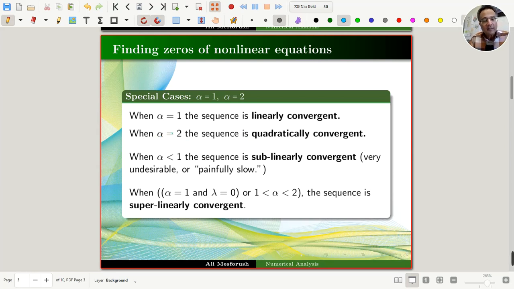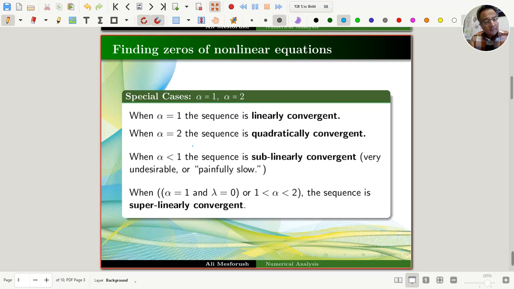It's clear that the convergence of the second order is faster than the convergence of first order. And when alpha is less than 1, we call the sequence sublinearly convergent. It's very slow, in fact. We do not like the sublinearly convergent sequence.